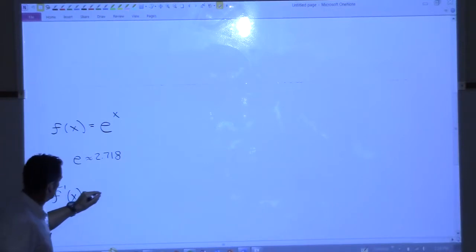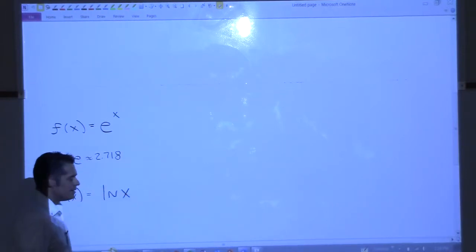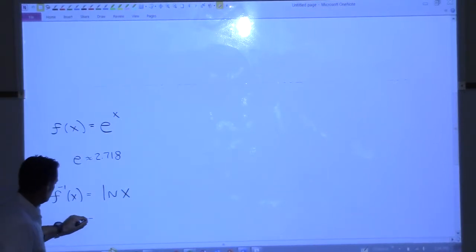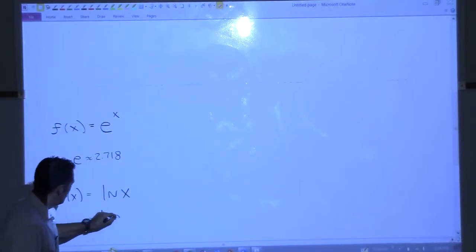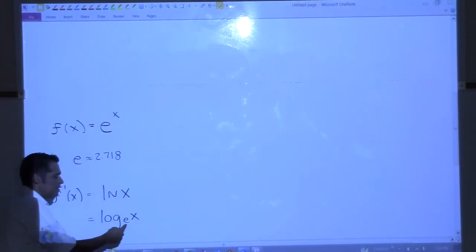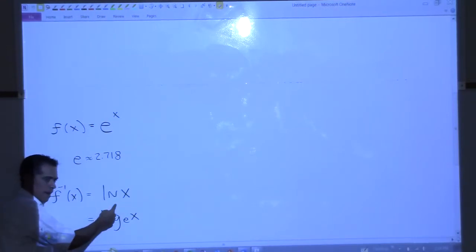The natural log function, right? But technically speaking, that's really the log base e function. I mean, it's really log base e, but we write this whenever we want to talk about that one.